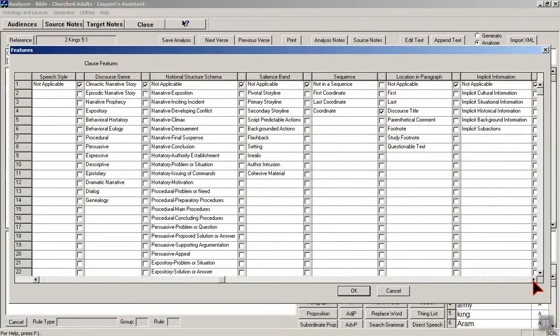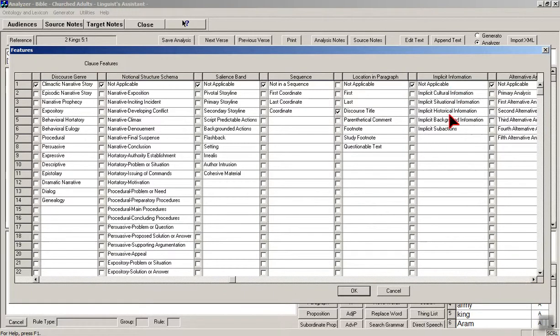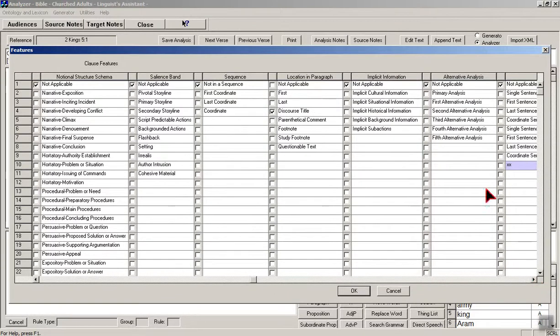We have a place for implicit information. This is just a title, so we don't need this, but sometimes we add extra information that helps you understand the Bible. There's cultural information, situational, historical background. We don't need that here. And we have kinds of alternates.